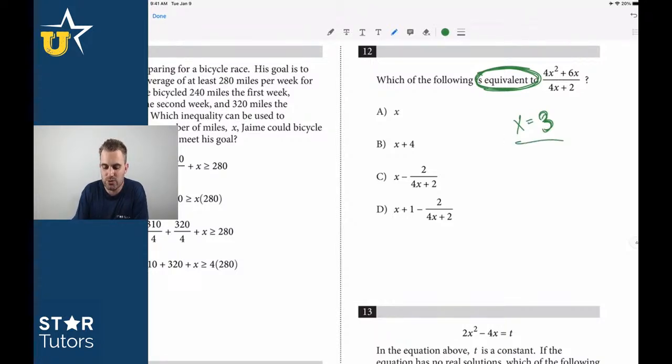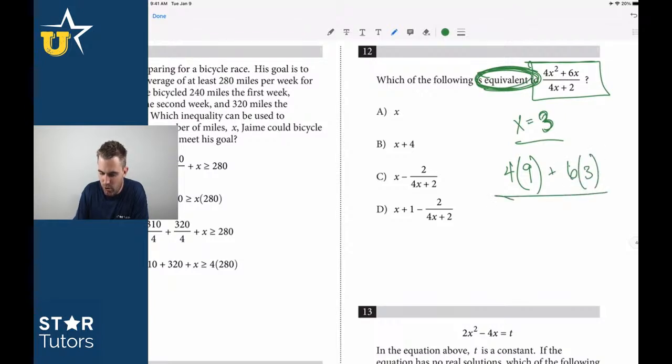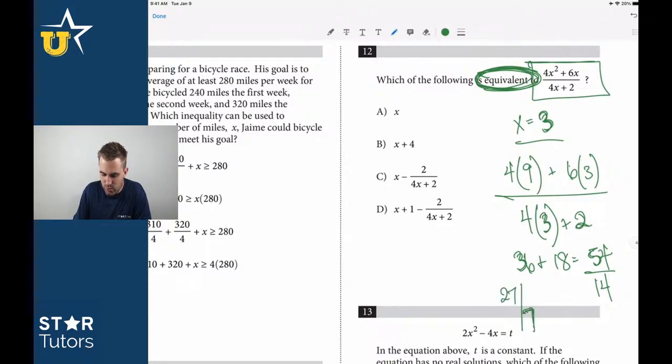If I plug in x equals 3 to this expression up here, I get 4 times 9, right? 3 squared plus 6 times 3 over 4 times 3 plus 2. And so I get 36 plus 18 is equal to 54 on top. I get 12 plus 2 is equal to 14. Divide both of those by 2, I get 27 over 7. And 27 obviously, 7 doesn't go into 27 perfectly.